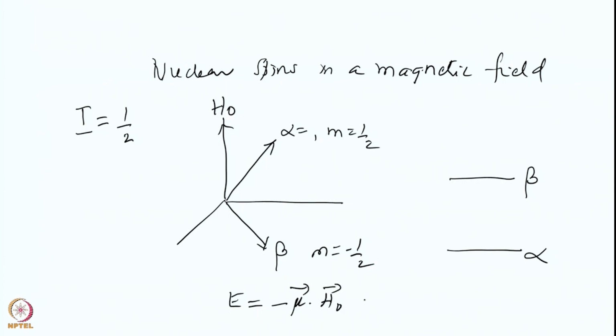This can be written as minus mu z H naught, or minus gamma m H cross H naught. So, obviously, when m is equal to half, the alpha state has a lower energy compared to the beta state, and there is a population difference between these two.